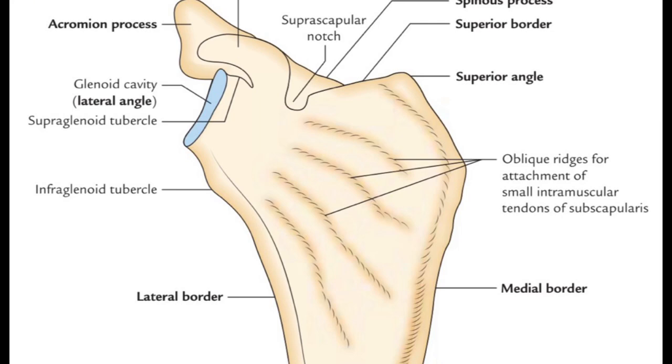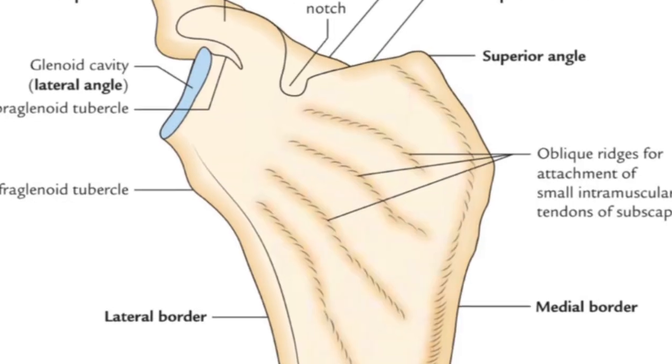It's just like a depression, and it has oblique ridges, about 4 to 5 oblique ridges, for the attachment of the subscapularis muscle, which mark the point where the subscapularis muscle originates from.